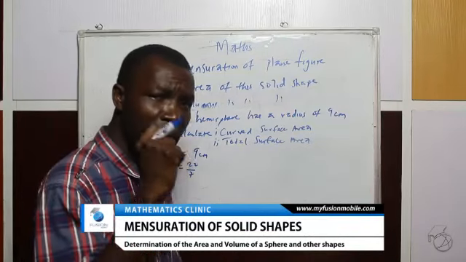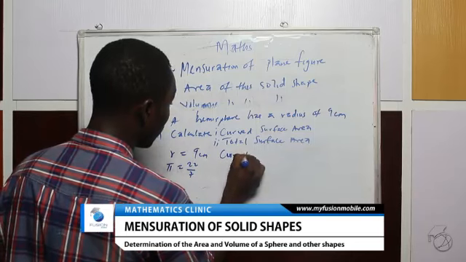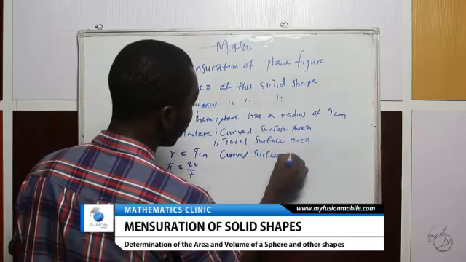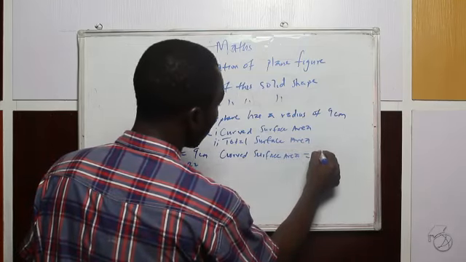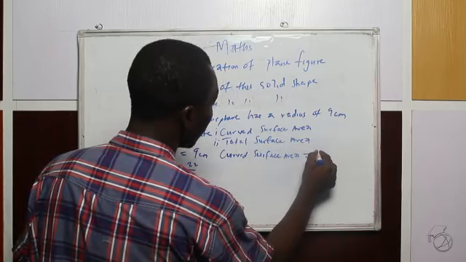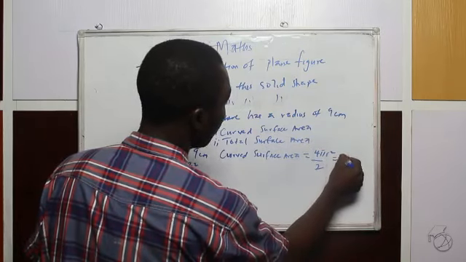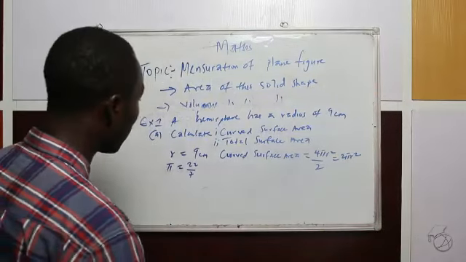Curved surface area is equal to 4 pi r square divided by 2, which will give us 2 pi r square. That's the curved surface area of a hemisphere.